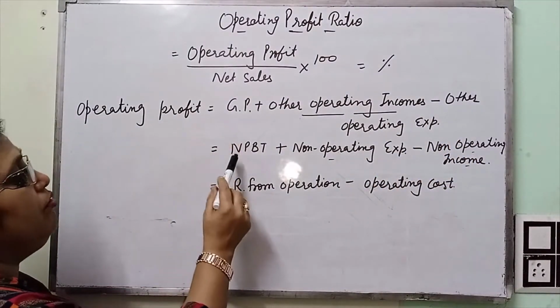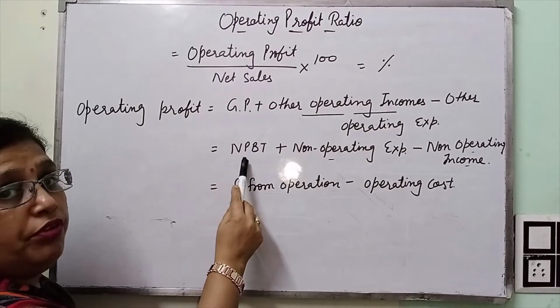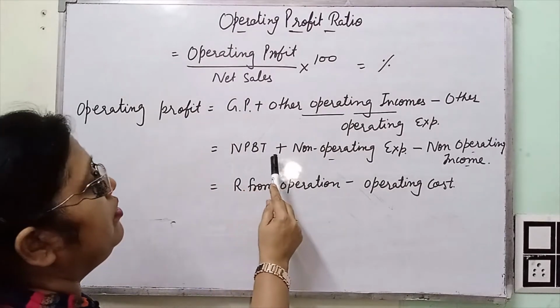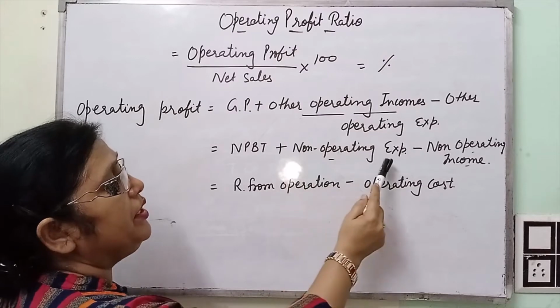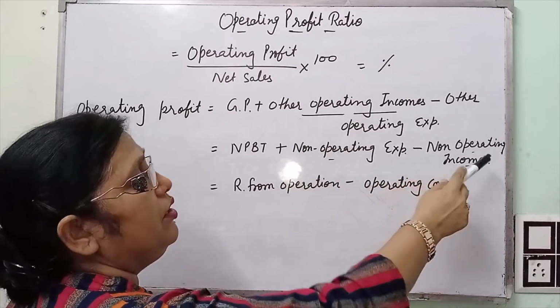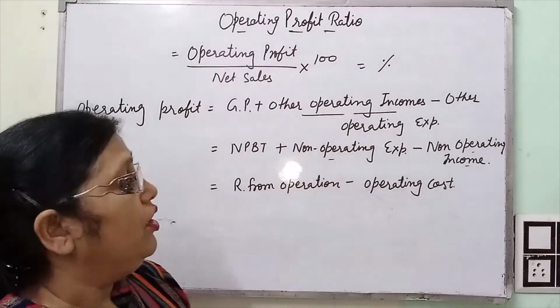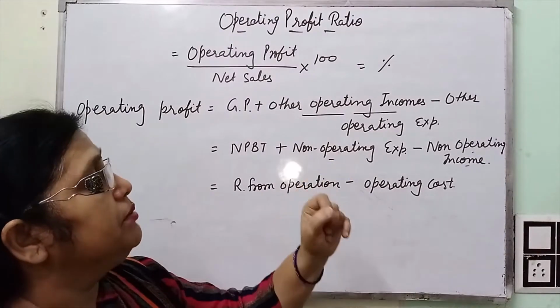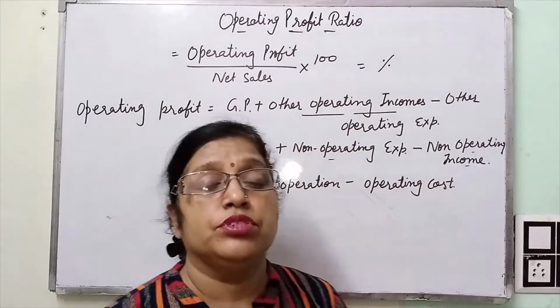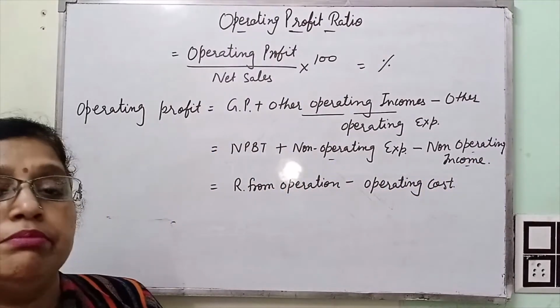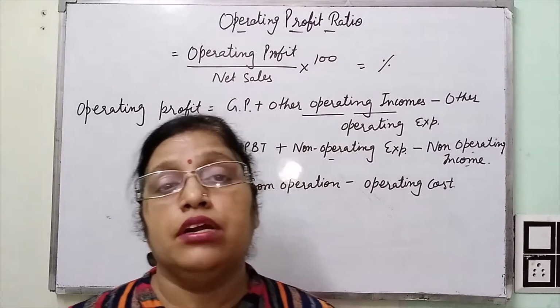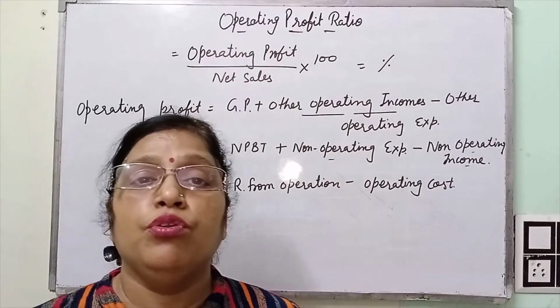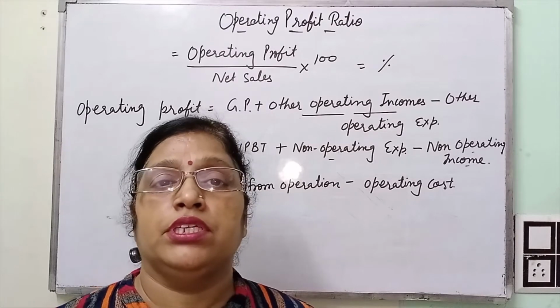This can be also calculated with the help of net profit before tax, in addition to non-operating expenses and deducted non-operating incomes. Now, what do you mean by non-operating expenses and non-operating incomes? Non-operating expenses means the expenses incurred by the organization not for the operation of the business.